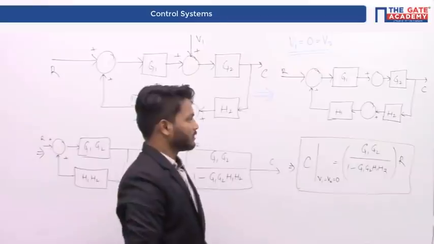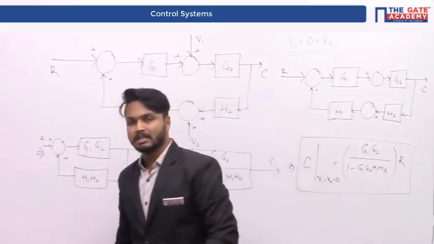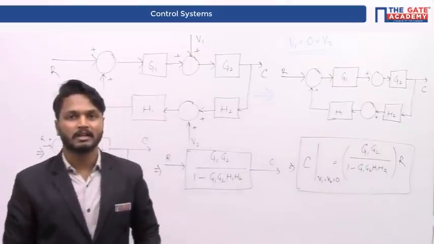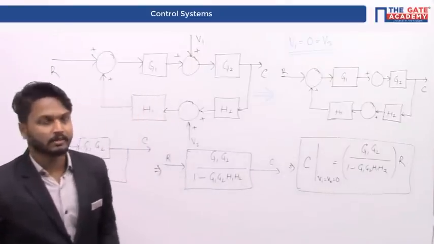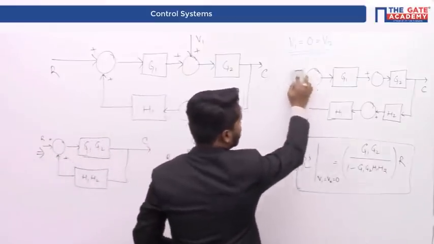So let's look at the output when the other inputs are present. The second case we are going to see is when only V1 is present and R is absent. Let's look into that. So I'm erasing this part.